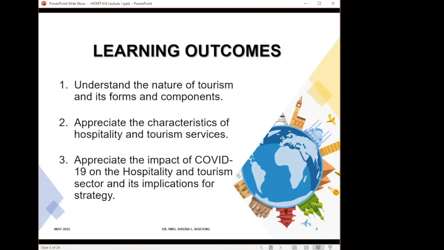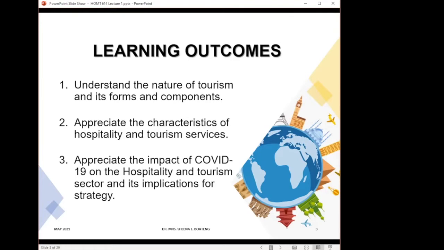With an appreciation of the characteristics of these businesses and what they offer by way of services, you can see how these services differ or vary from each other. And once again, this will help you as you strategize towards developing business ideas and moving the business forward in this particular sector.